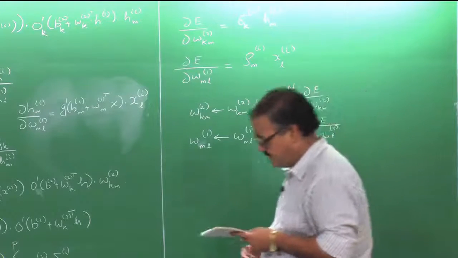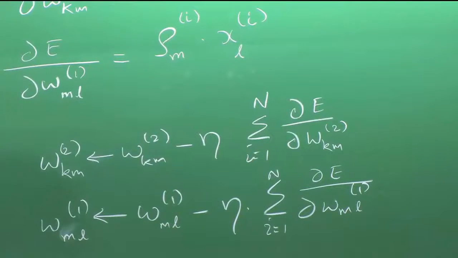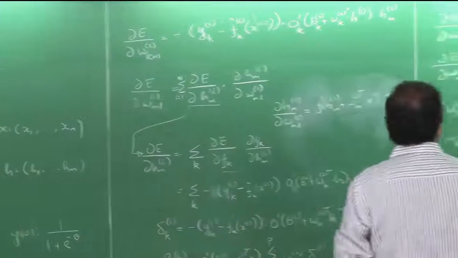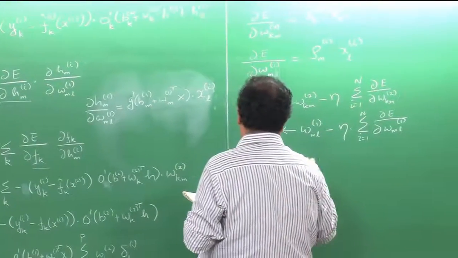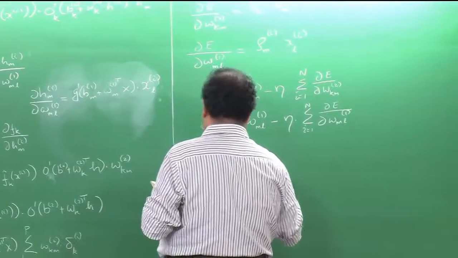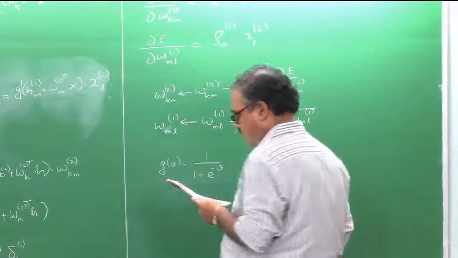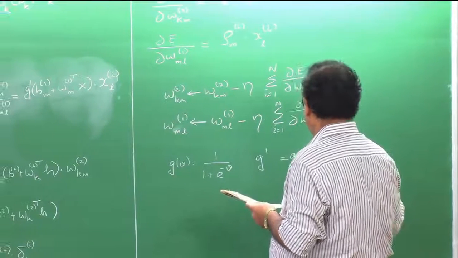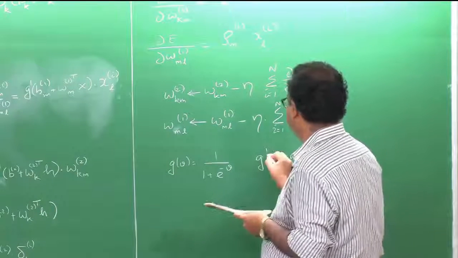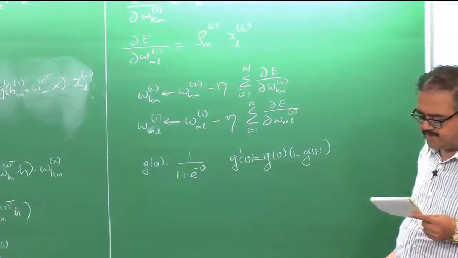One thing I want to point out is that if your function g or your function O happens to be a sigmoid, then g dash of v is equal to g of v into 1 minus g of v.